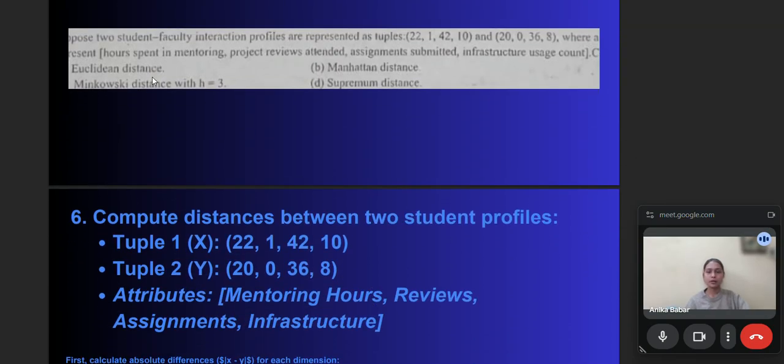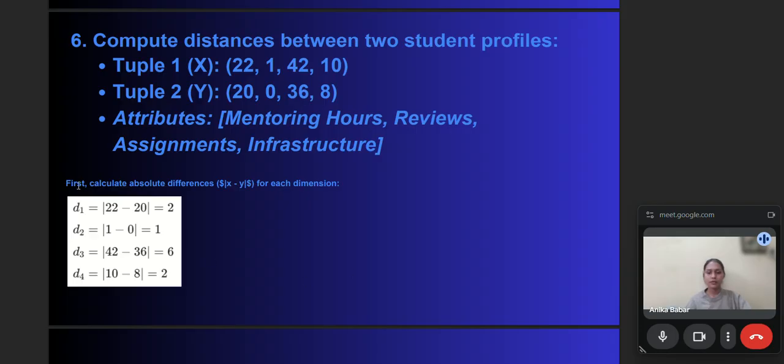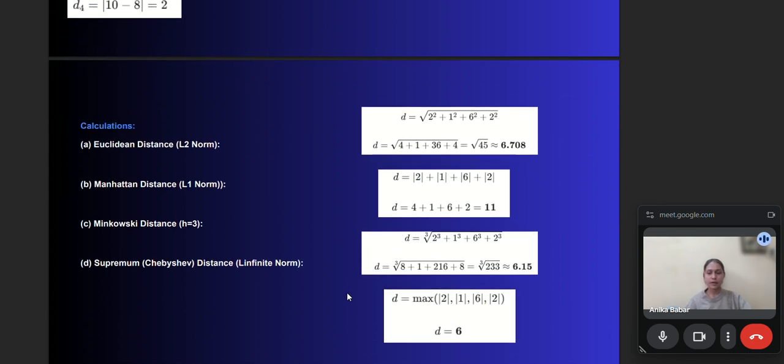Next question. In this question, we are given two student-faculty interaction profiles in which we have to calculate the distances. So first, we have calculated the absolute distances. Here are the four absolute distances that we have calculated.